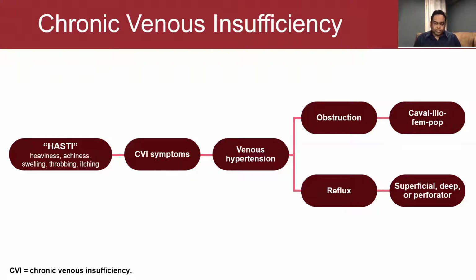As most of us know, the symptoms of venous disease, also called the HASTI symptoms: heaviness, achiness, swelling, throbbing, and itching, are a function of the underlying venous hypertension, which is either from underlying venous obstruction or reflux, or a combination thereof.